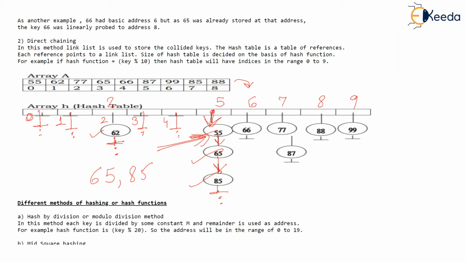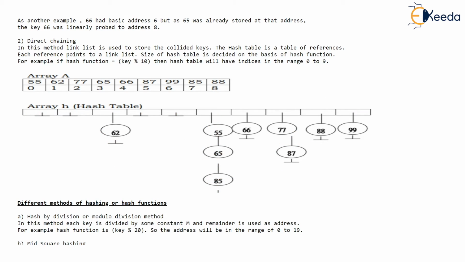So we say 65 collided and 85 collided, isn't it? These two keys collided at address 5. Then 87 collided, you see, because 87 joined 77 later on. So three keys collided out of the given 9 keys. So we have mapped all the values. Now what? Now we are going to search. We have finished the preparation for searching.